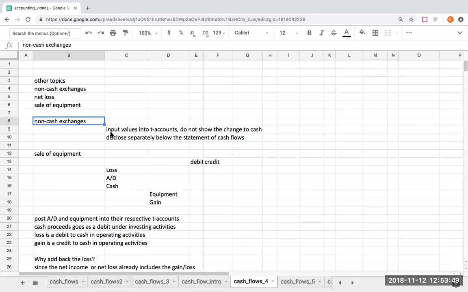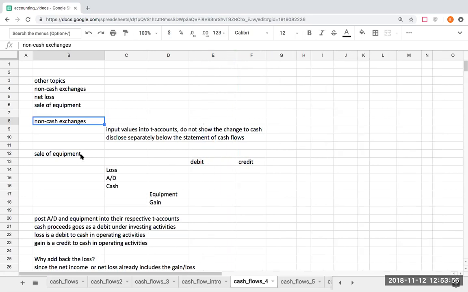and that's not the case. The second thing we need to do is handle a sale of equipment, going back to our discussion on property, plant, and equipment, and please feel free to go back and watch the video I've created on this. When we have a sale of equipment, we need to remove the asset from our books.